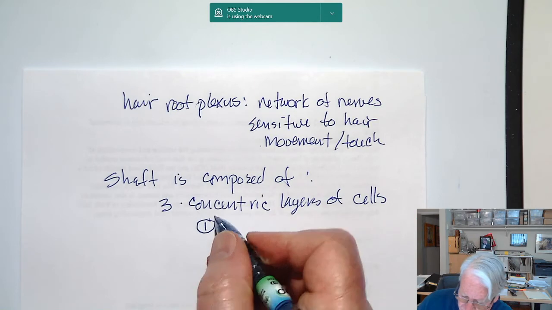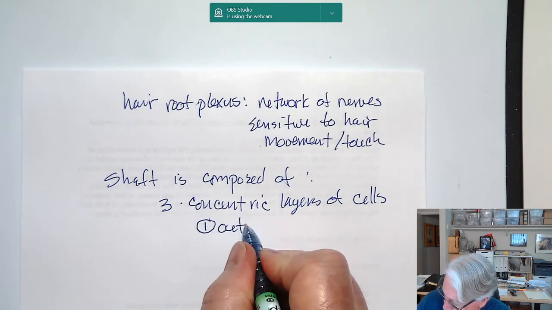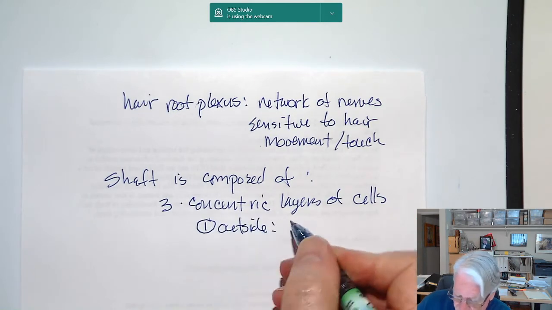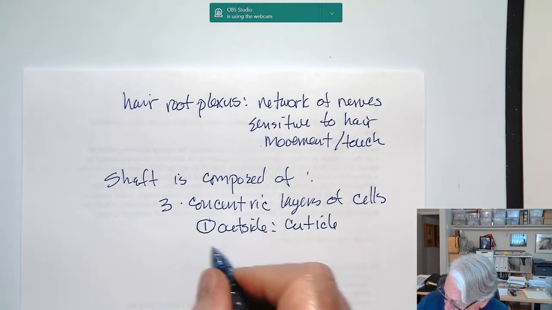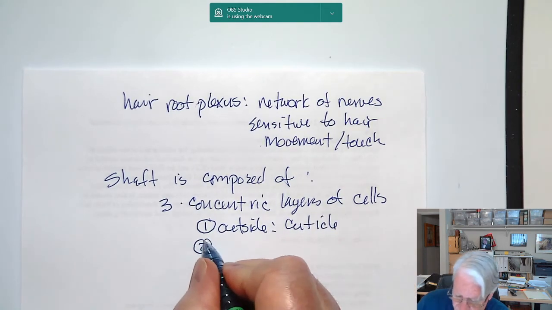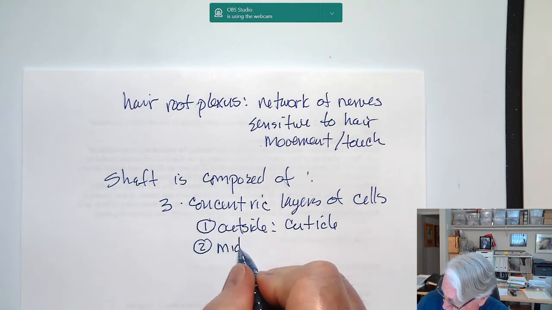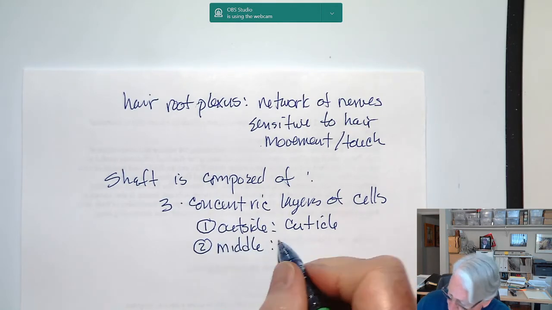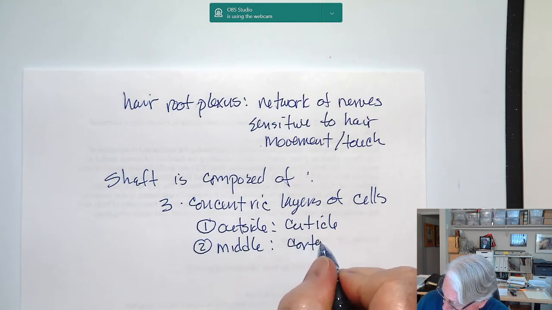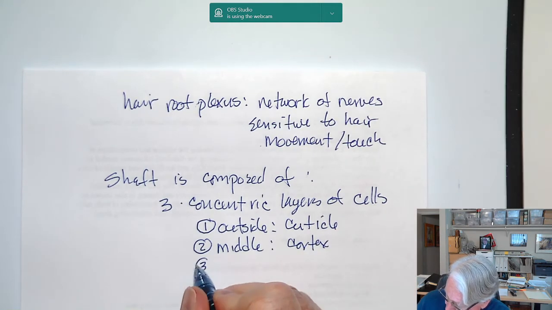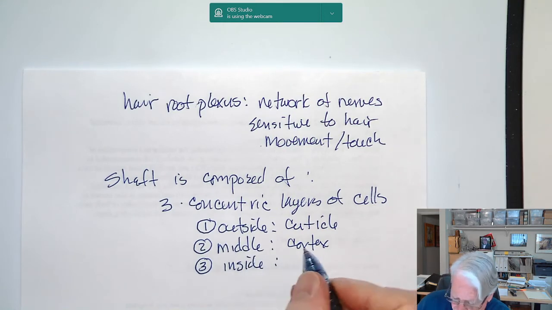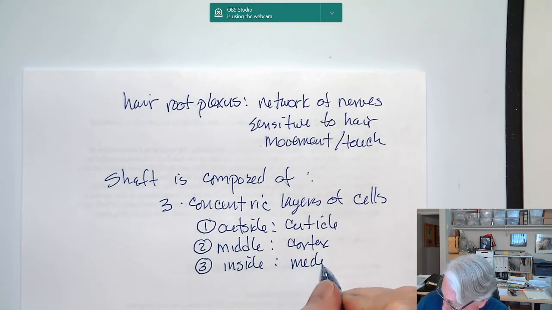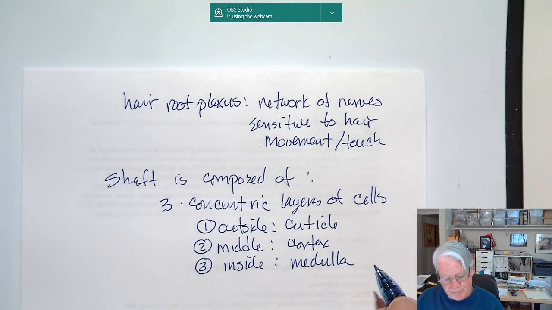So number 1, and this would be on the outside, so most superficial, is called the cuticle. And then in the center, the middle, is the cortex. And the third and deepest layer is the medulla. Okay.